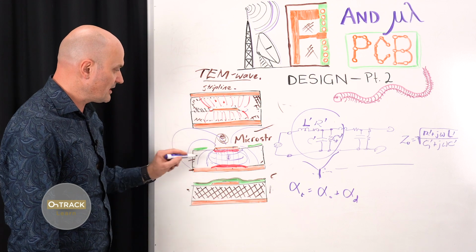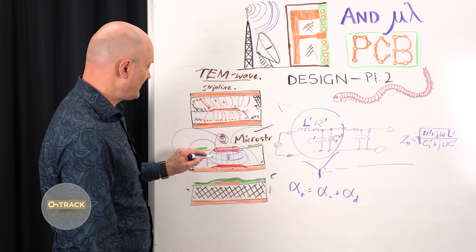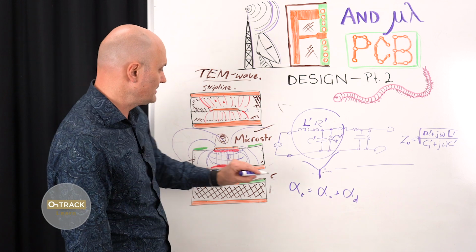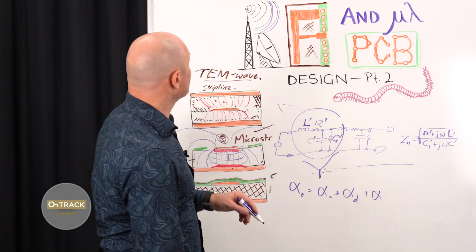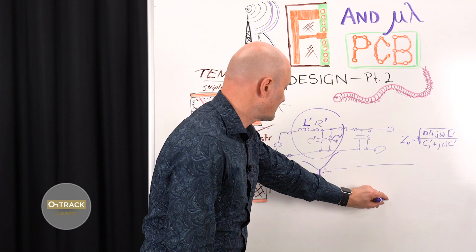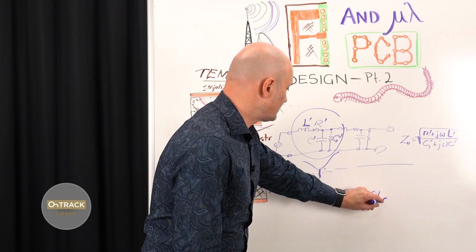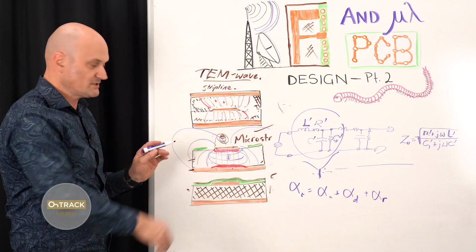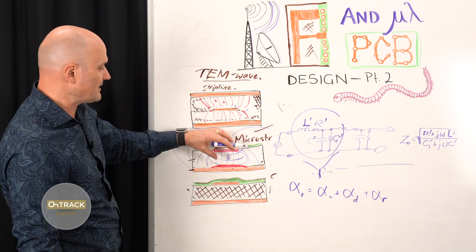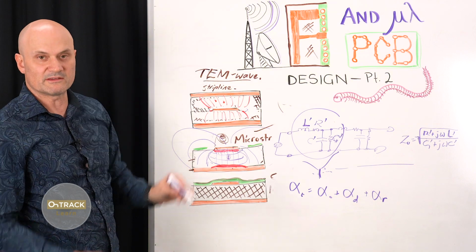And if you have microstrips where you have some air, you're in quasi-TEM mode, you also have some effective loss added for the fact that there's some radiation. So some of your signal's actually going to go off and propagate into space, just a tiny bit.